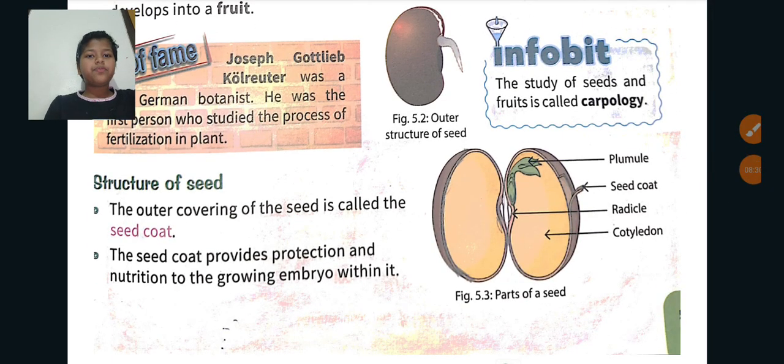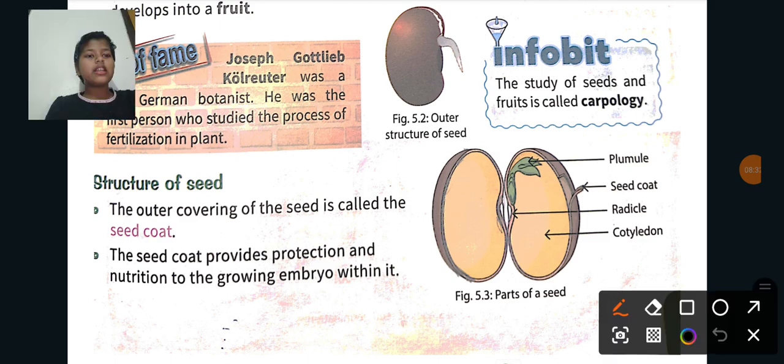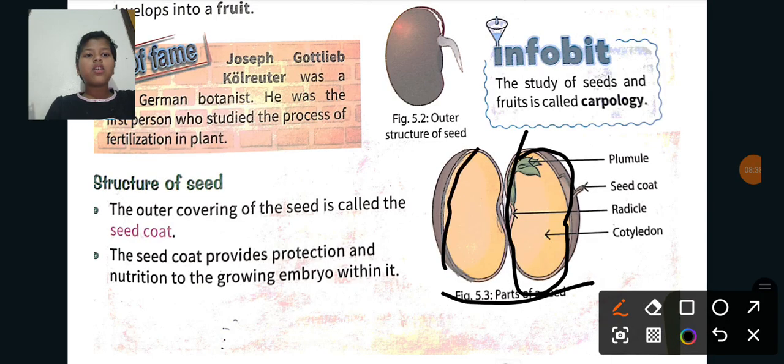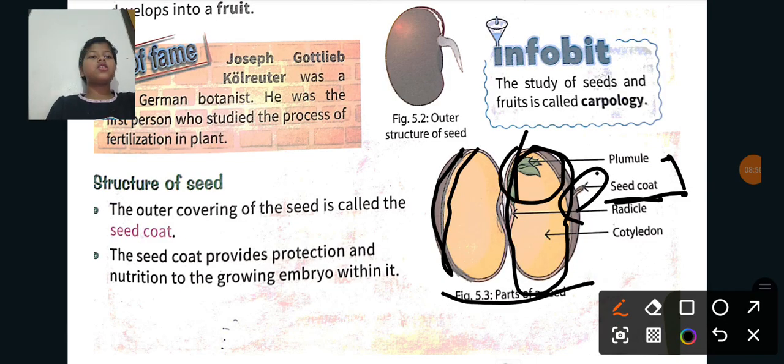Structure of a seed. Here you can see the whole structure of a seed. This is a seed. This is its outer coat, which is known as the seed coat, and the small shoot coming out of here is known as the plumule while it's inside the seed.